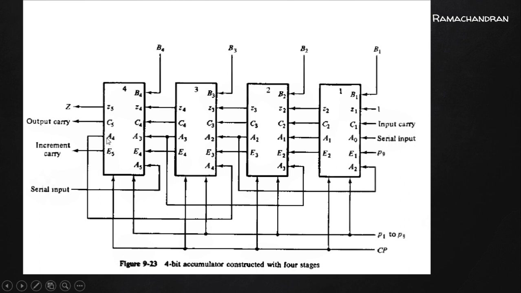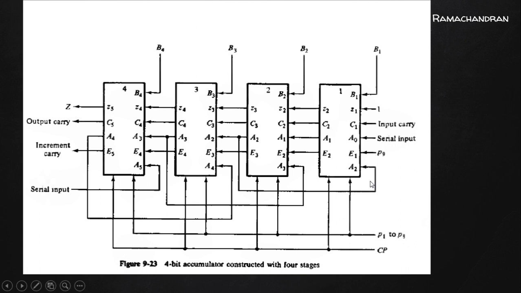This fourth stage value is set as the next stage value of A3 in case of right shift, and this present state A3 value is available in the A2 position after right shift, and this present A2 value is available in the A1 position after right shift. So an external serial input is given to this position, because after right shift a vacant position is generated in the MSB bit, which is filled by a serial input value.